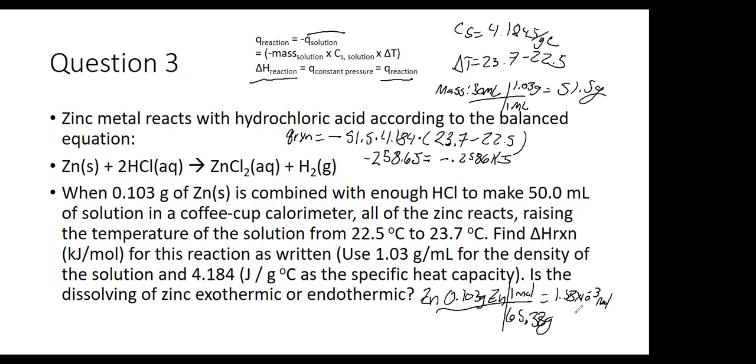So to get kilojoules per mole, I divide the two, which is negative 164.1 kilojoules per mole. So that is our answer for that problem.